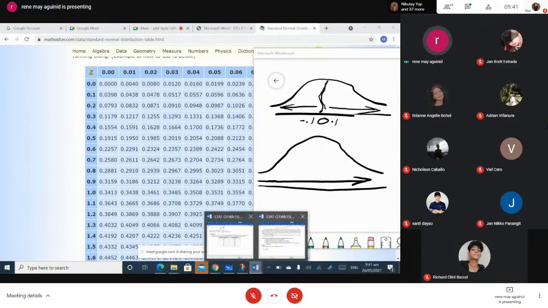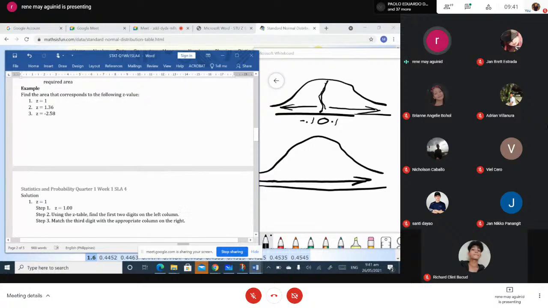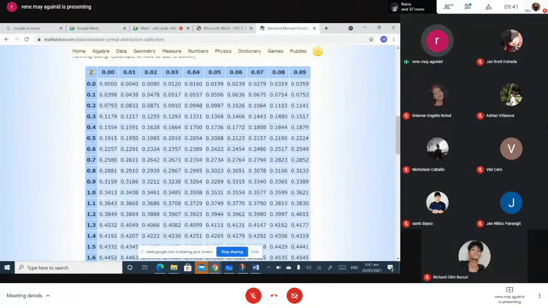Now let's go back to our table, as in our problem. Find z that is equal to 1. What is the value of 1? The value of 1 is 0.3413. Okay, let's use this. Where is the 1?